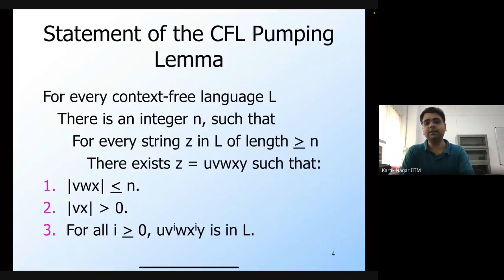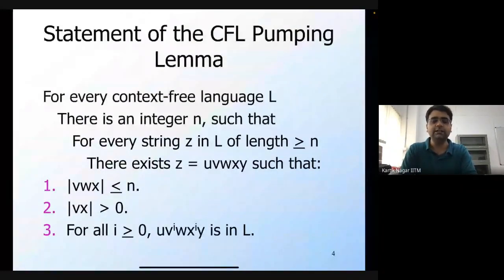So there exists some way in which you can break down z in the form of u, v, w, x, and y, which follows these two constraints. Then the two substrings v and x can be pumped in tandem as many times as you want, which means that for all i greater than or equal to 0, u v^i w x^i y is in L. We have pumped both v and x i number of times, and you can also pump down, so i can be 0 or any positive integer.